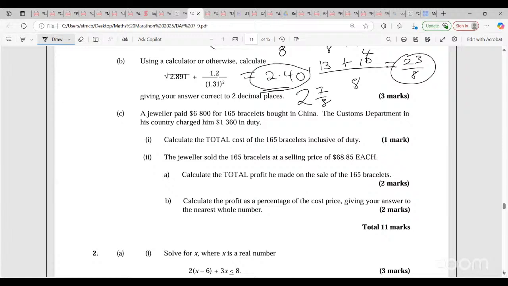All right, given here, a jeweler paid 6,800 for 165 bracelets bought in China. The customs department in his country charged 1,360 in duty. Calculate the total cost of 165 bracelets inclusive of tax.